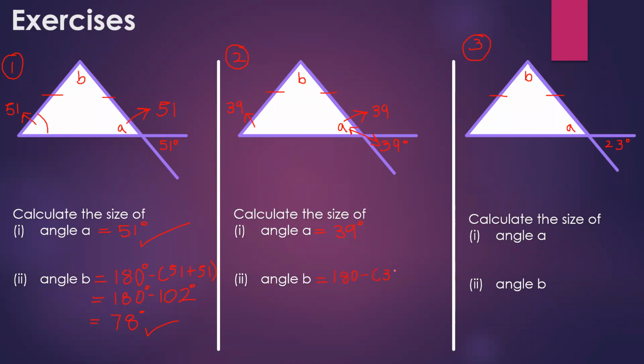So it's going to be 180 degrees minus 78, which gives you 102. Very good. Where's Kevin? Kevin, are you there?